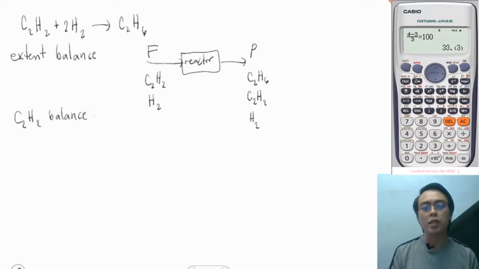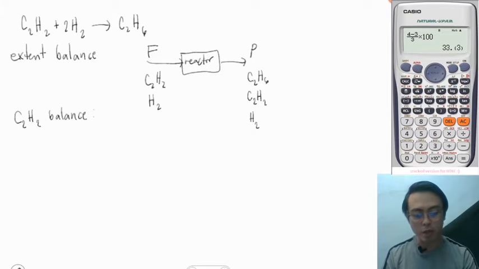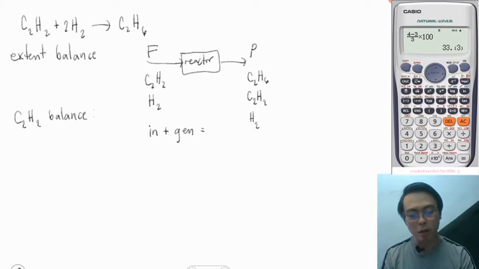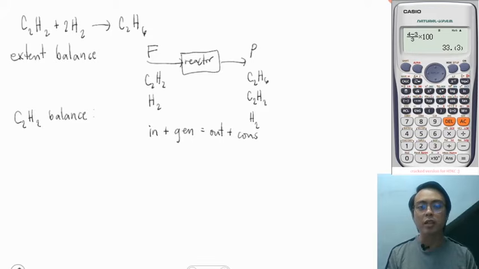Okay, so this balance is simply predicated on the conservation of mass. If you will remember, the law of conservation of mass for steady-state processes looks something like this. You have in plus generation is equal to out plus consumption. We added the generation and the consumption in this case because we are now dealing with chemical reactions.